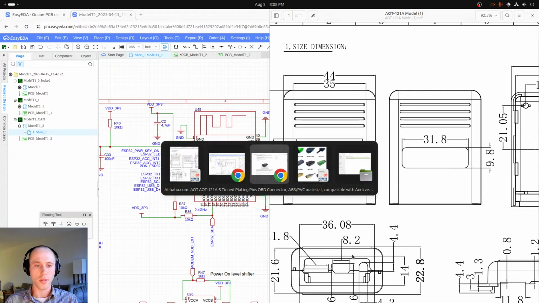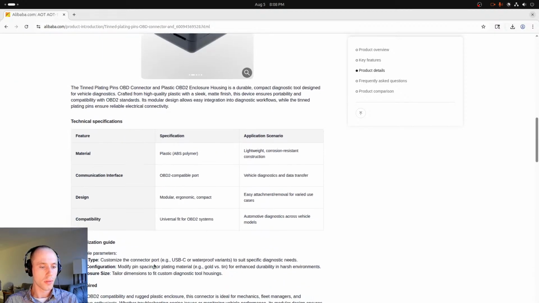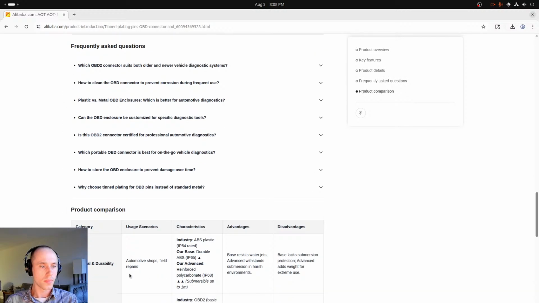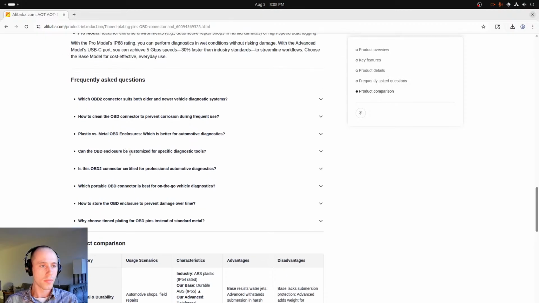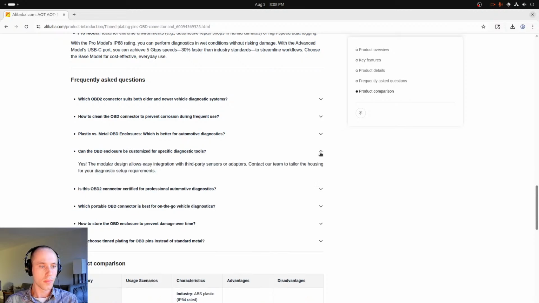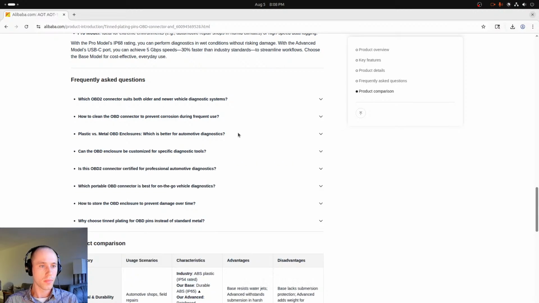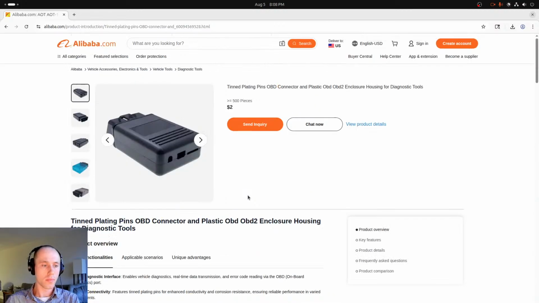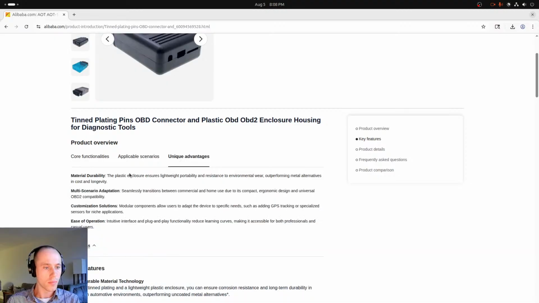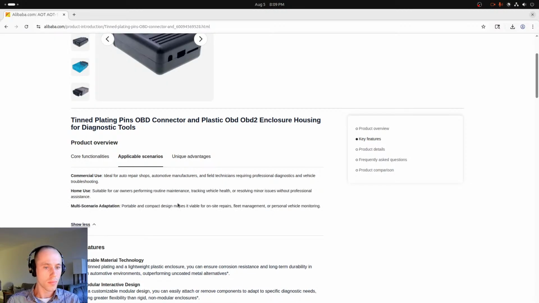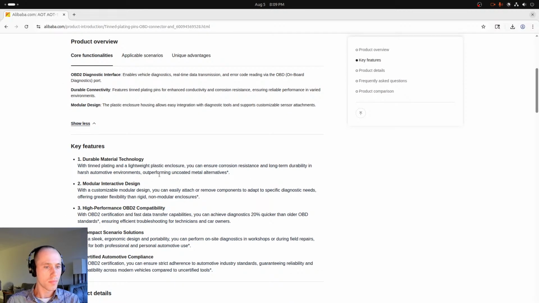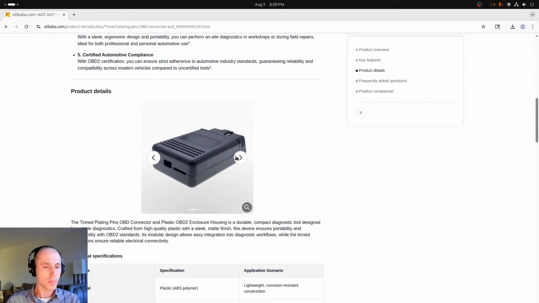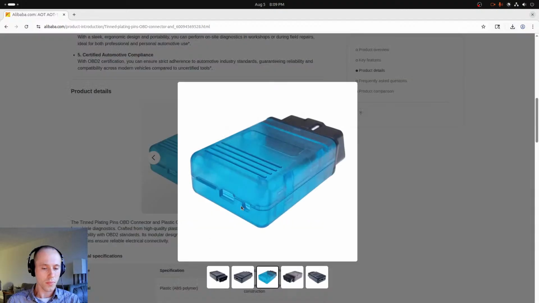Does it say? This looks like it's just a power port.